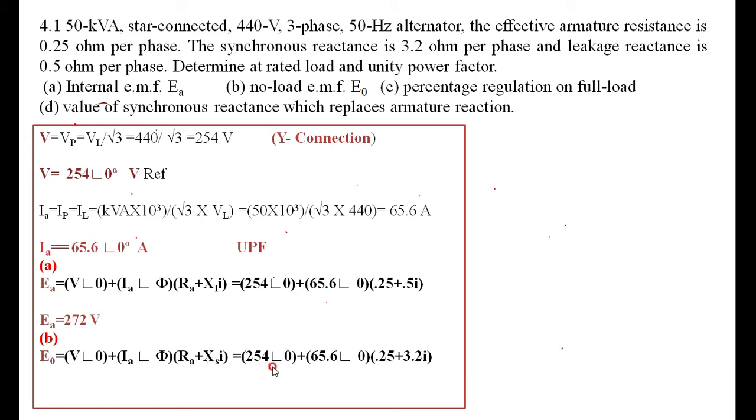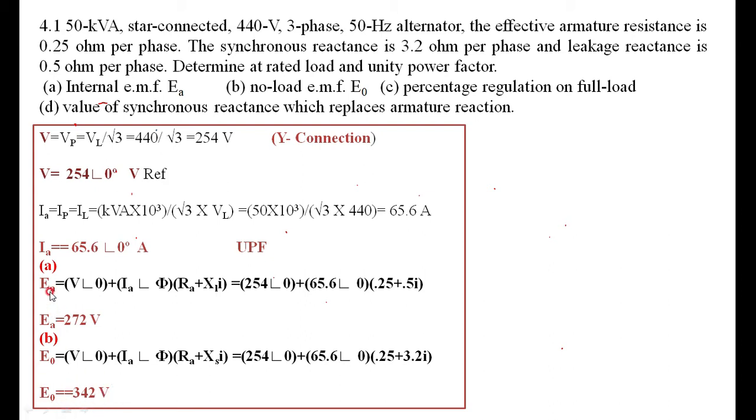Therefore, you substitute the values of V and I, RA is 0.25, and the synchronous reactance is 3.2. After substituting, we get E naught equal to 342 volts.